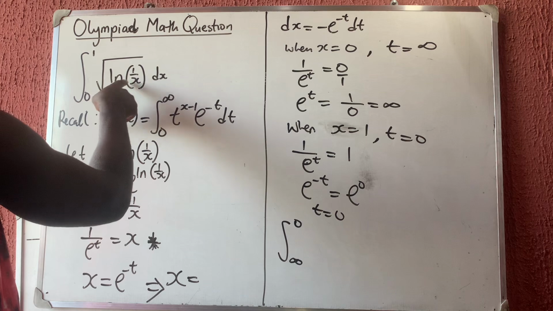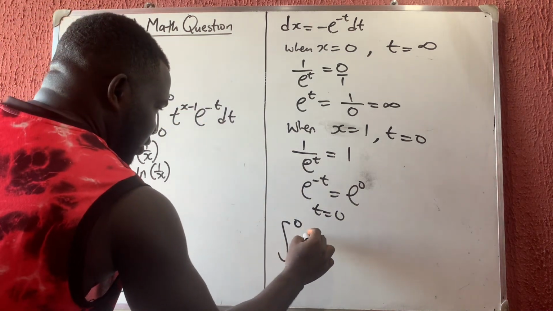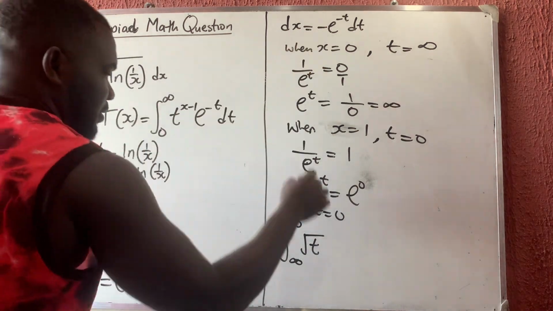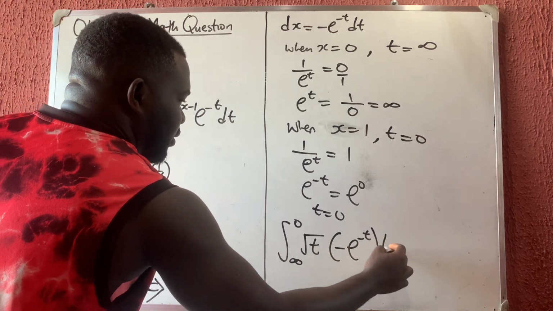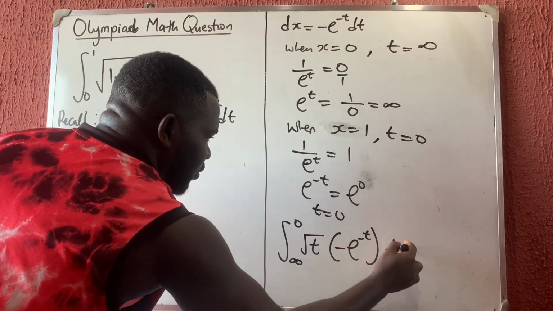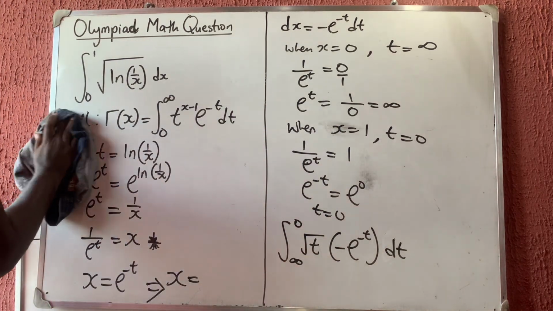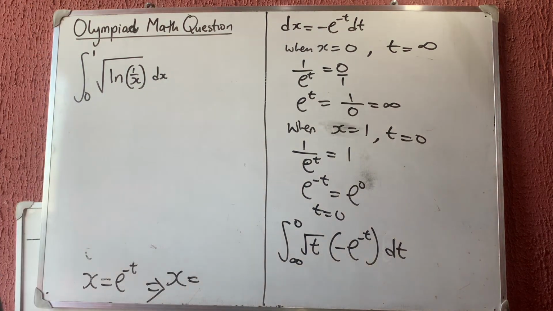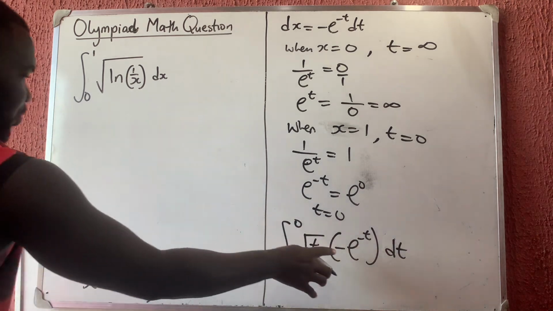Then this is now, we call this one t. This is now the square root of t. Then we got dt as minus e raised to power minus t dt. Now the little issue we have is that this could be written as, let us bring this minus outside.